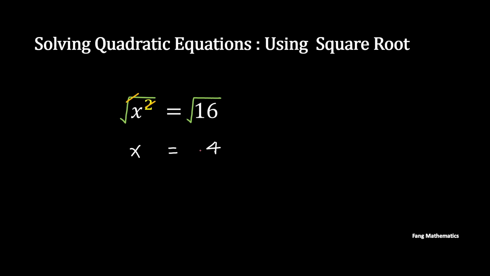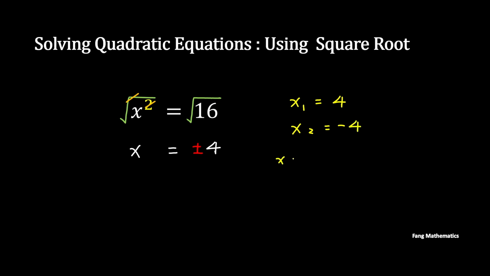A key point you need to take notice of is when we are solving quadratic equations, you should get two roots, that is the positive root or the principal root and the negative root. So this tells you you have two x solutions, x1 that is your principal square root, that is 4, and your x2 is the negative counterpart, that is minus 4.